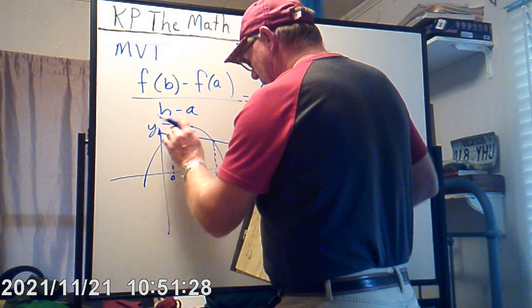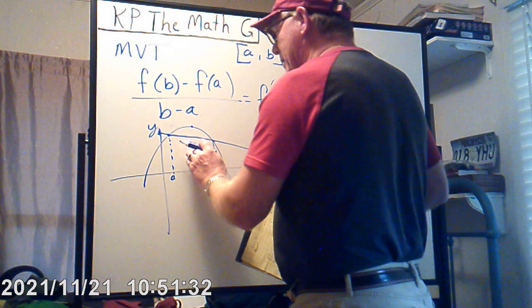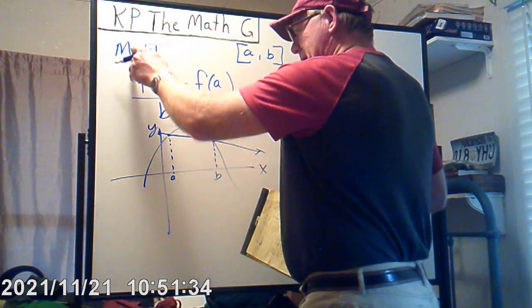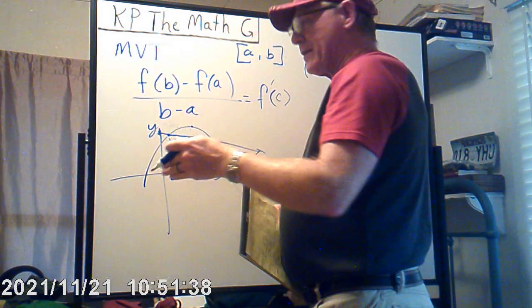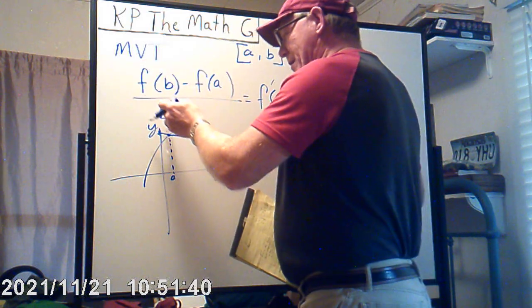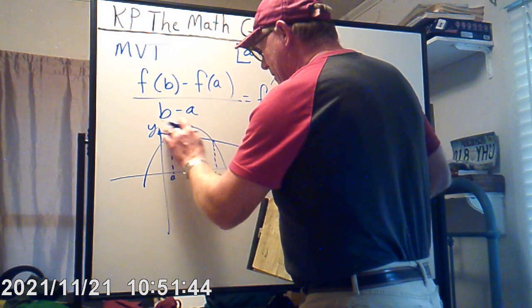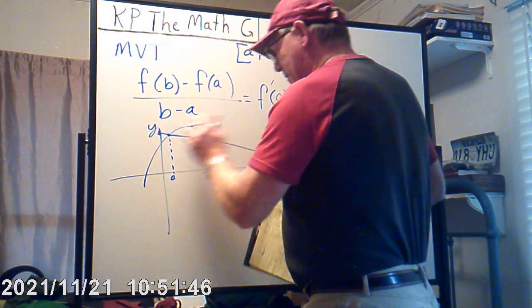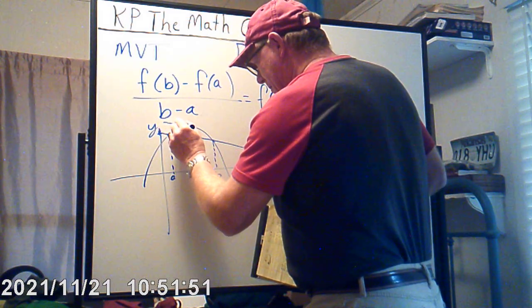So the slope of this is the slope of the secant line right here. If you think about it, this is rise over run, y2 minus y1 over x2 minus x1. That's what that is there. This is the slope of the tangent line right here.